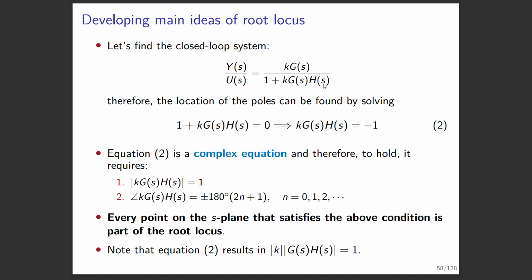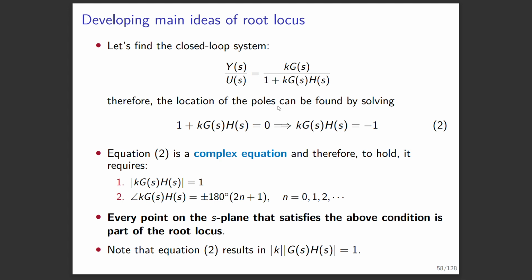Now notice that I don't have G and H written out right now. This is a symbolic equation, but what I know is that those are both functions of S, and S is a complex number. So I have a complex equation that I want to solve.